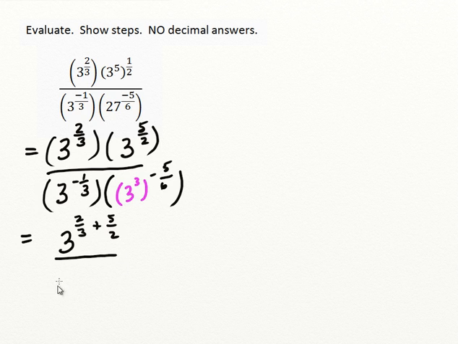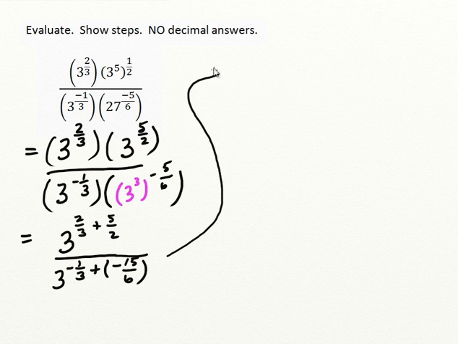The bottom, I'm going to be taking 3 to the exponent -1/3, and I'm going to be adding to that. And what am I adding to that? Well, I have 3 to the exponent -5/6. When I multiply, I would get -15/6, and that is what gets added in the bottom exponent. Okay?